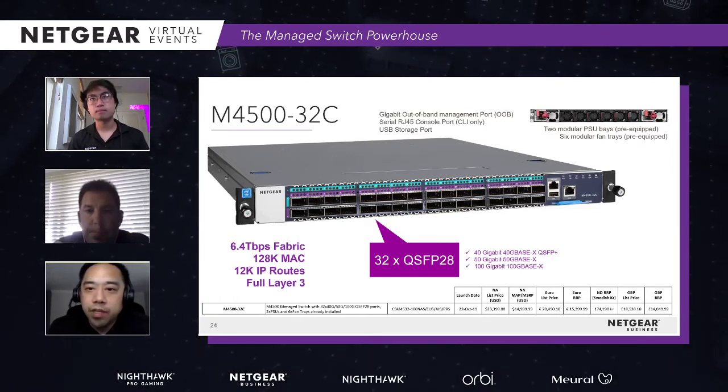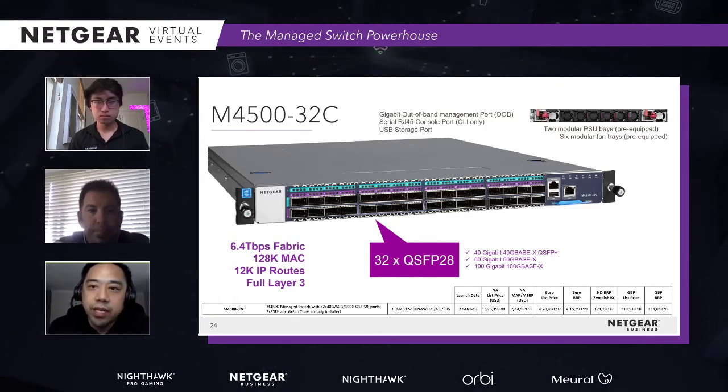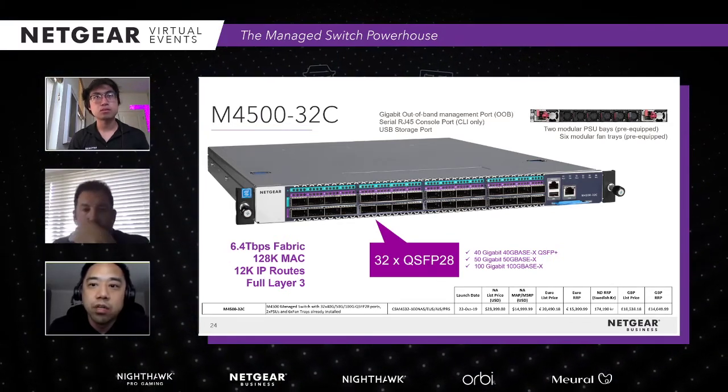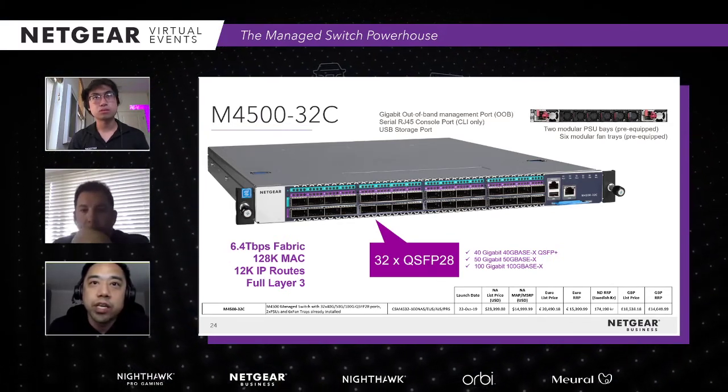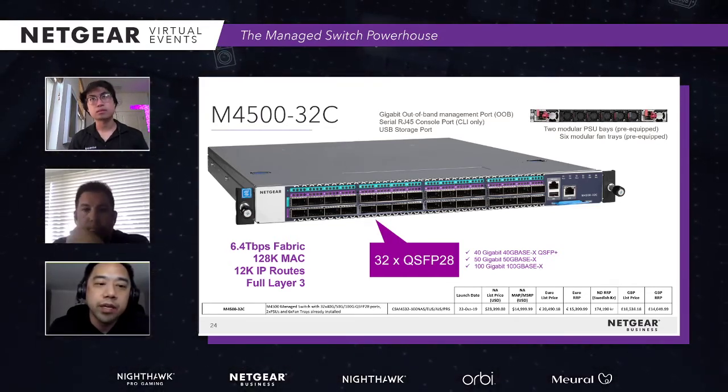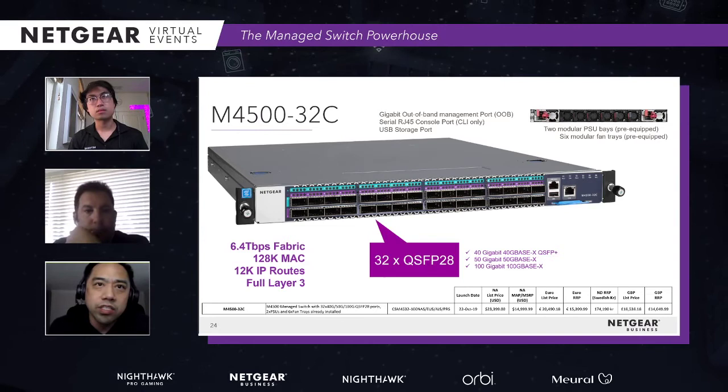Then we have the other switch, the CSM 4532, which is a pure 100 gig switch. All 32 ports are 100 gig or 50 gig or 40 gig. All use the QSFP form factor.